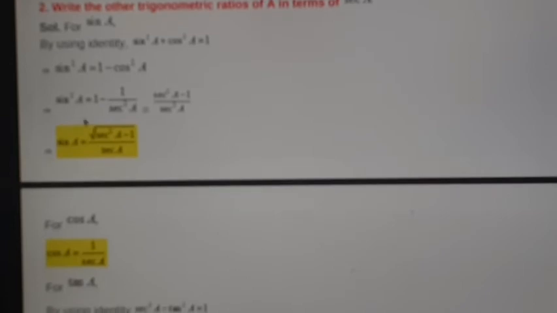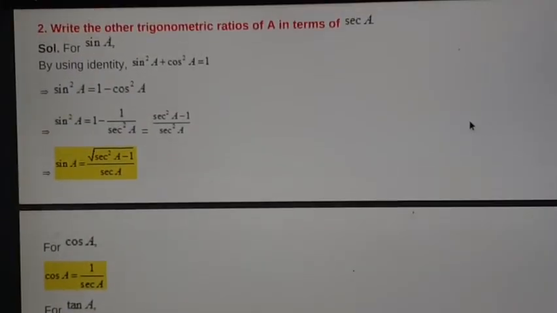Question number 2 asks: write all other trigonometric ratios in terms of sec A, meaning all the 6 ratios we have to write in terms of sec A. Now for sin A, we know the identity between sin and cos: sin square theta plus cos square theta is equal to 1.